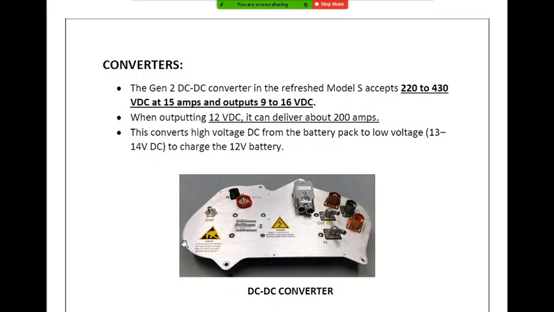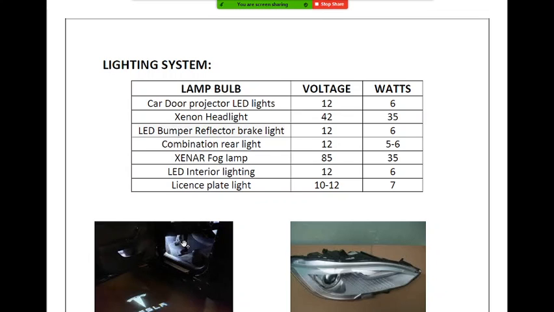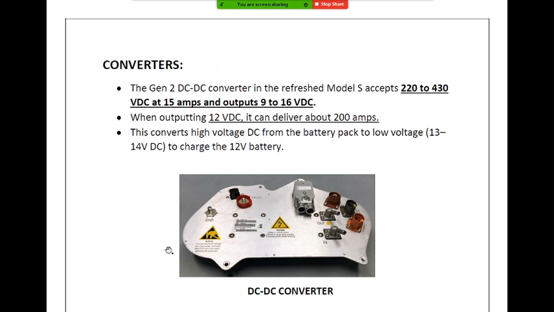If you see the third point, this converts high voltage DC from the battery pack to low voltage, around 13 to 14 volts DC, to charge the 12-volt battery.